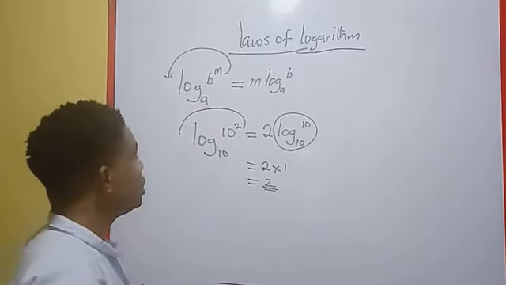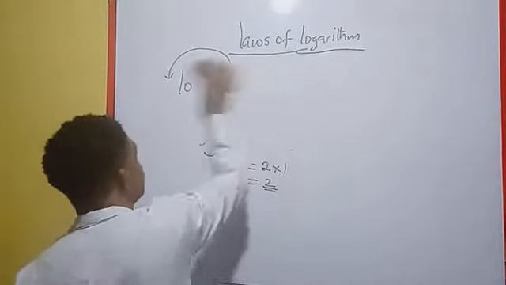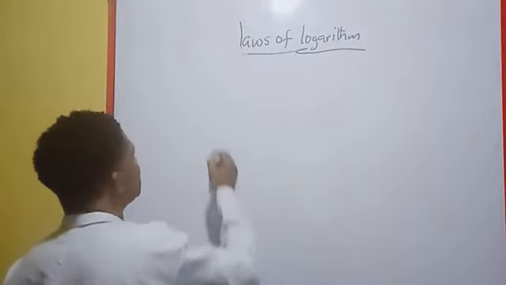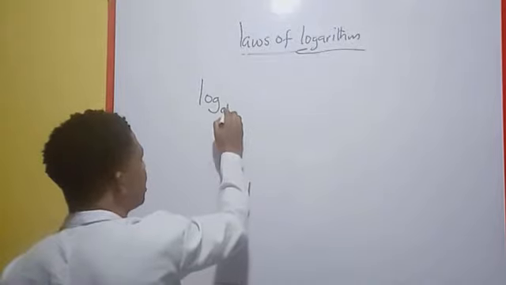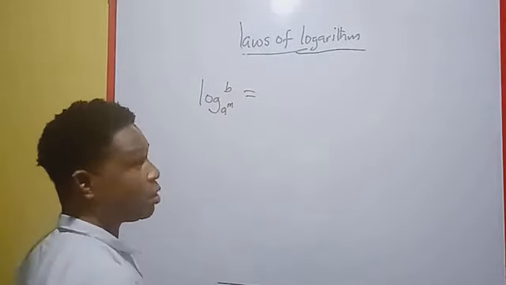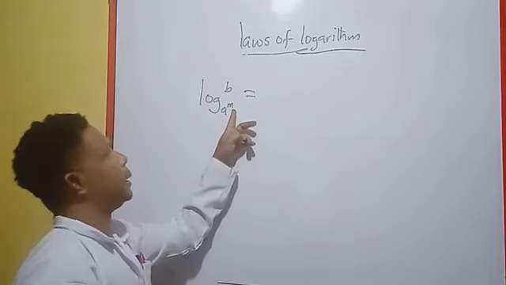Now the next one, which is number 3, I want to talk about is when the base is raised to power. Now, A raised to power M, B. This one is different from the second one I just did. The base is raised to power here.